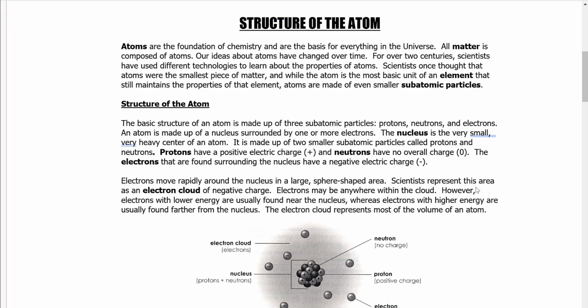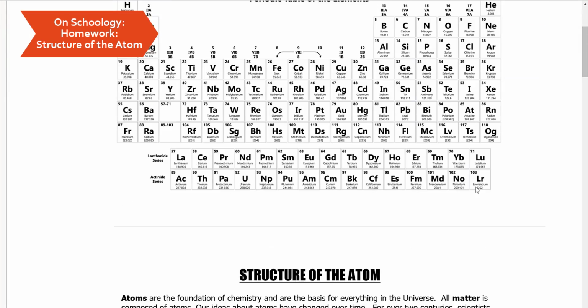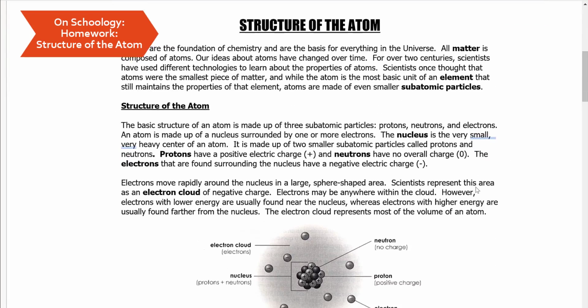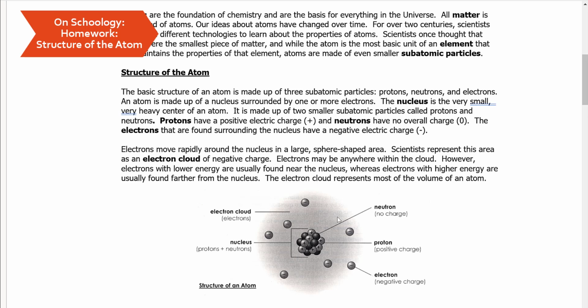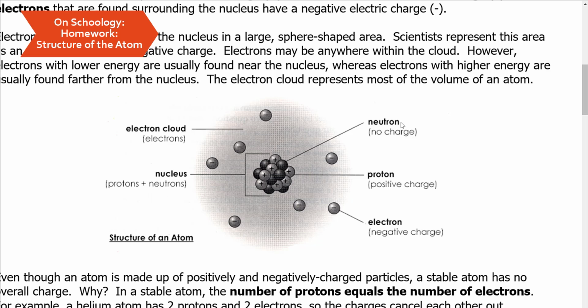So let's look at our elemental structure of an atom homework. And we see this information here. We see that the neutrons and the protons are in the nucleus. Neutrons and protons both have a mass of 1 AMU, and AMU is the unit. Neutrons have no charge, but protons have positive charges.